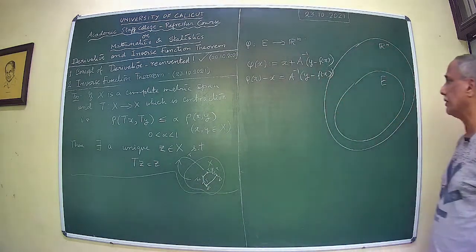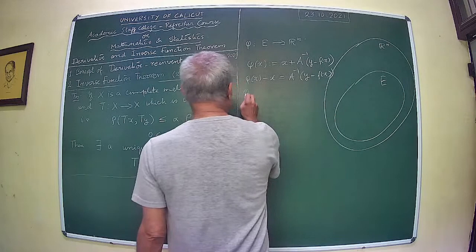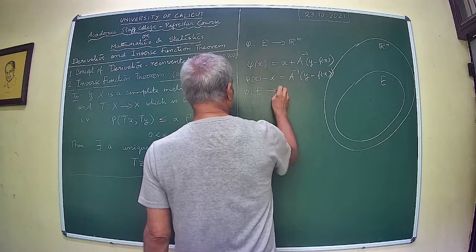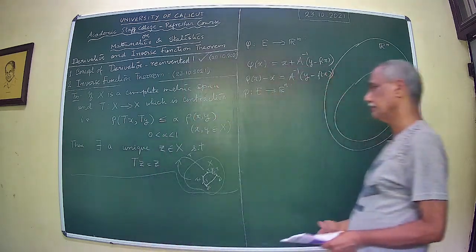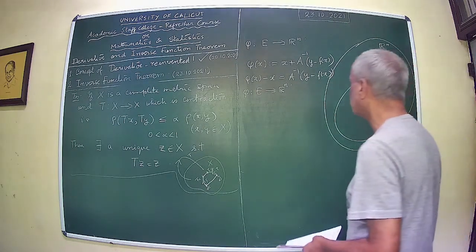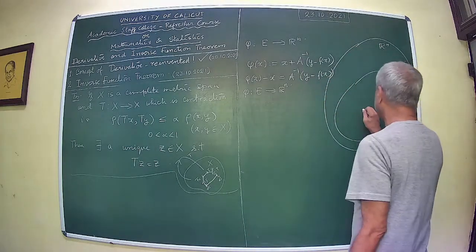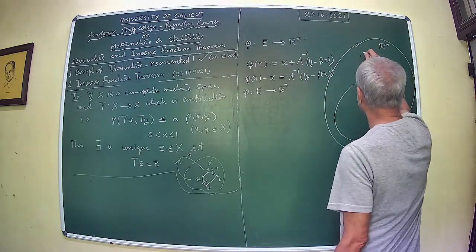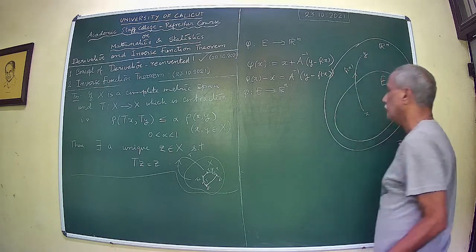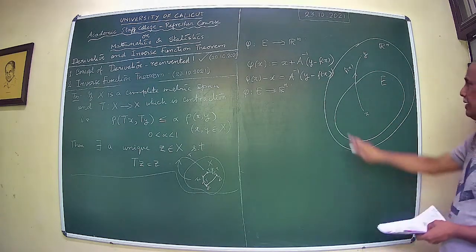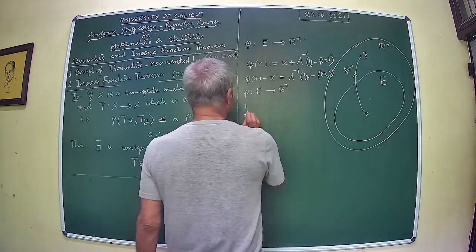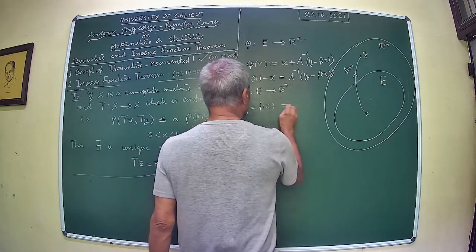Now you immediately observe that phi is a map from E into Rn. So if you take x, what you have is that y is equal to f of x if and only if phi of x equals x.